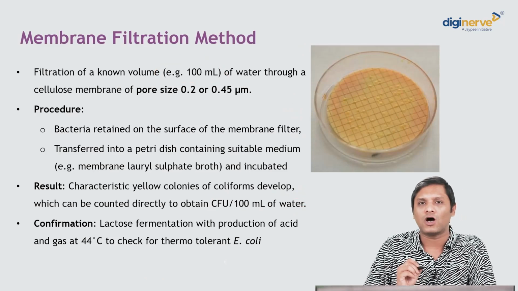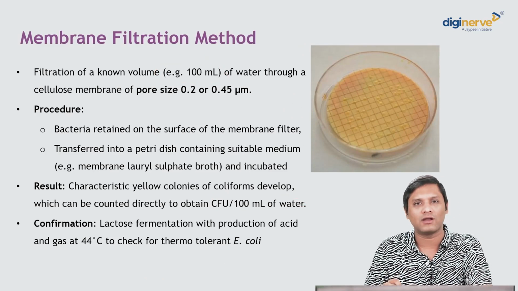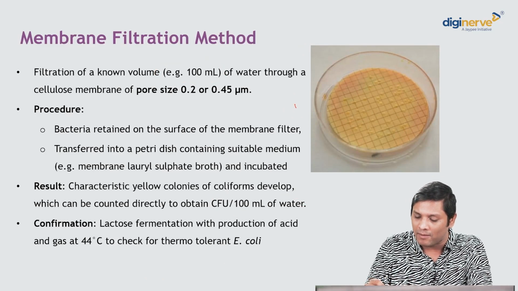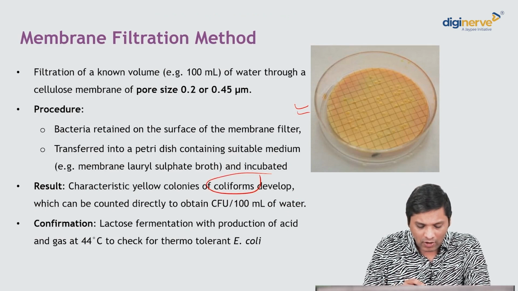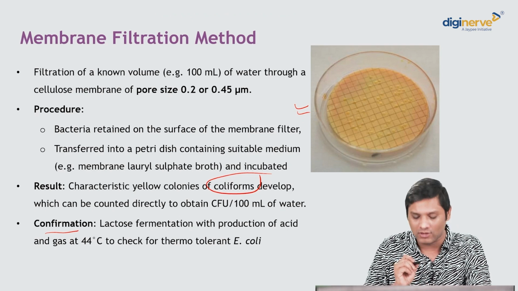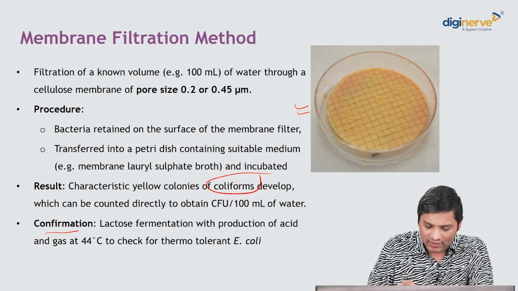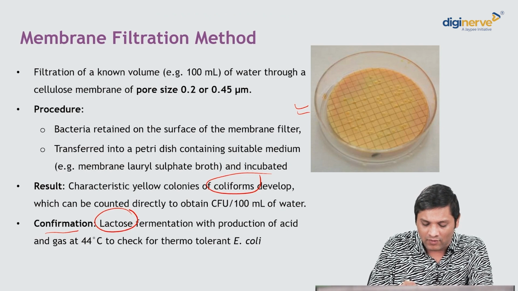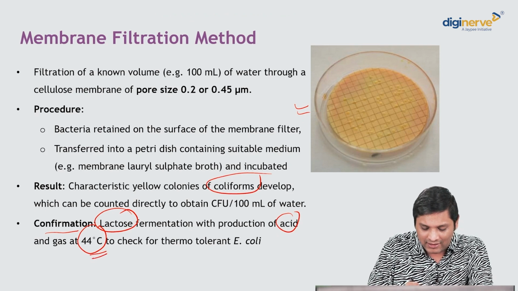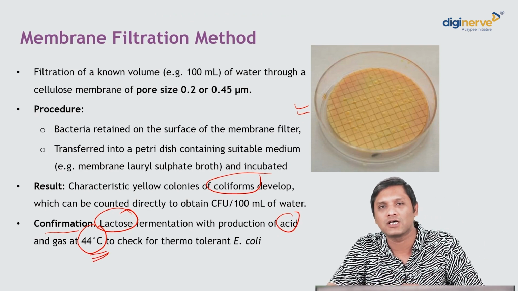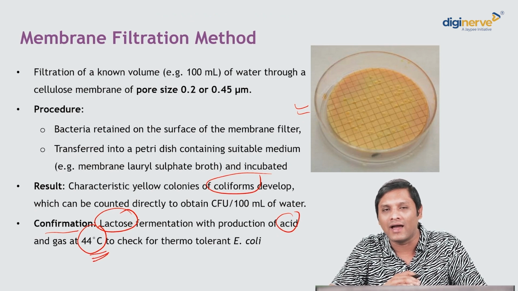Confirmation: how will you know that it is thermotolerant E. coli? By membrane filtration, you will only know that coliform organisms are present. Thermotolerant E. coli you have to confirm as we have discussed. You have to check for lactose fermentation and acid and gas production at 44 degrees centigrade, the same as what we discussed for the Eijkman test.